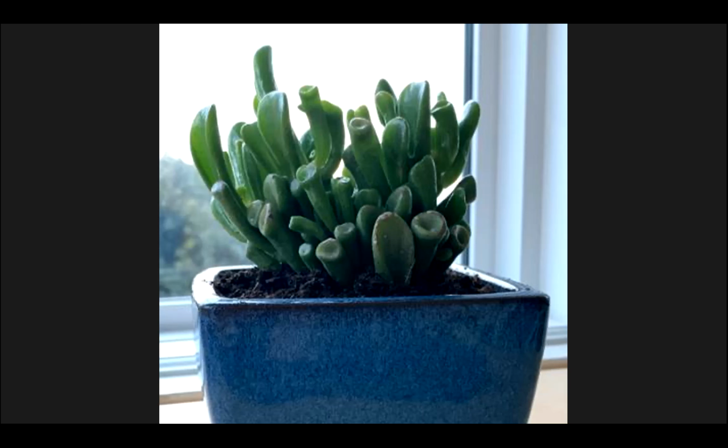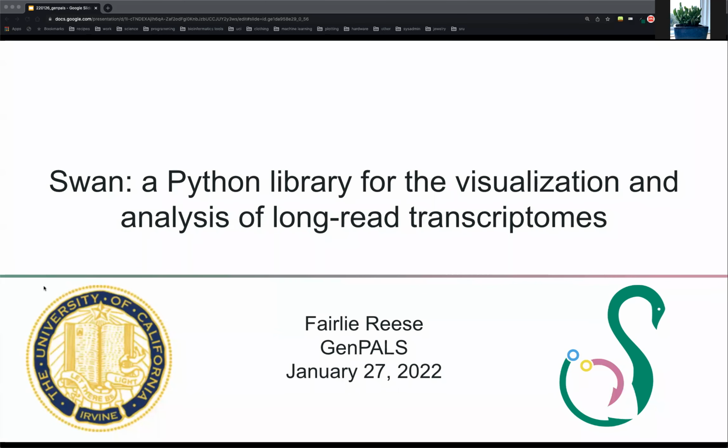No, you should be able to do it, Fairlie. I can do it on my end. No, I am logged in. I think I'm logged in on my normal Gmail account instead of my UCI one. So that's the problem. Okay. Is it working? Can y'all see this? Yes, we can. Thank you. I don't know if it matters, but I see the Google Chrome top thing. I don't know how to get rid of it. It's fine. It's really small. Let's not worry about it. Well, the way to get rid of it is... I'm not going to do that. I don't need to have another application running at all times.